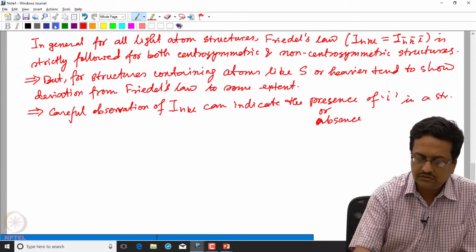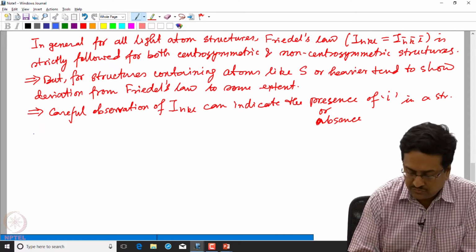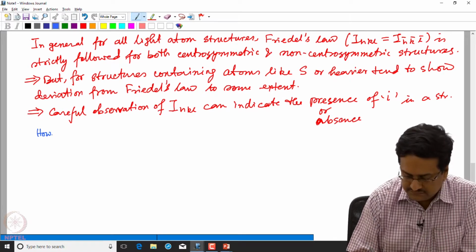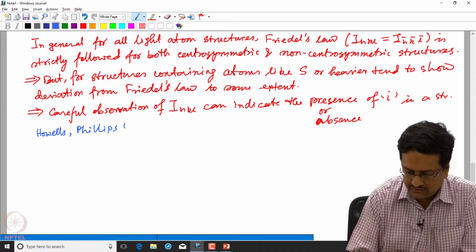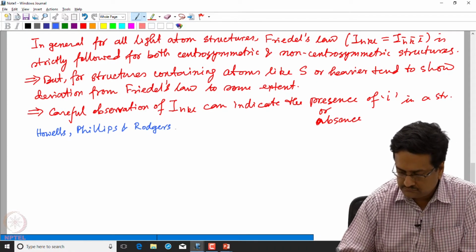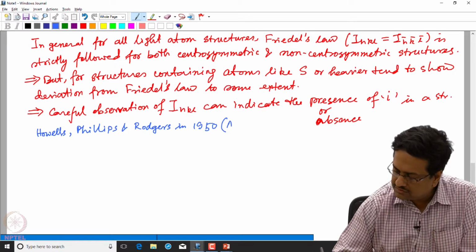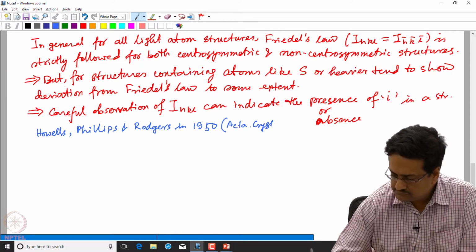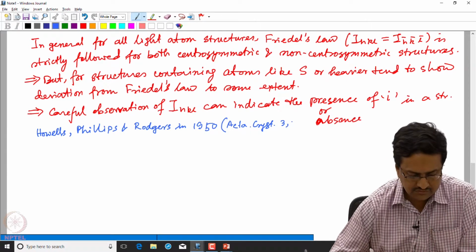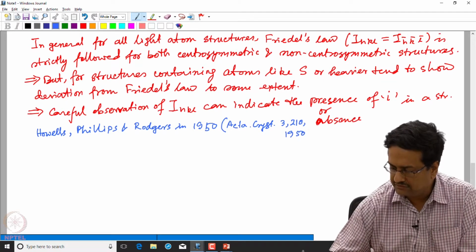Here I am going to discuss one such method, which is called the Z test or NZ test, and it was introduced by Howells, Phillips and Rogers in 1950, in the journal Acta Crystallographica, volume 3, page number 210, year 1950.